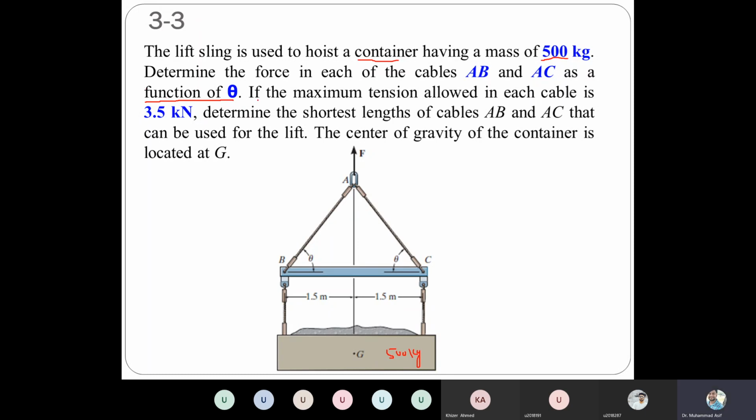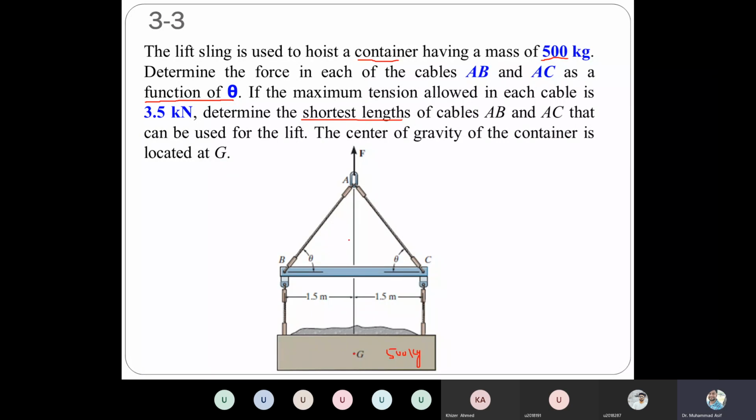Then it says if the maximum tension allowed in each cable is 3.5 kilonewton, then what is the shortest length of cables AB and AC that can be used for the lift? The center of gravity is located at G, as shown.